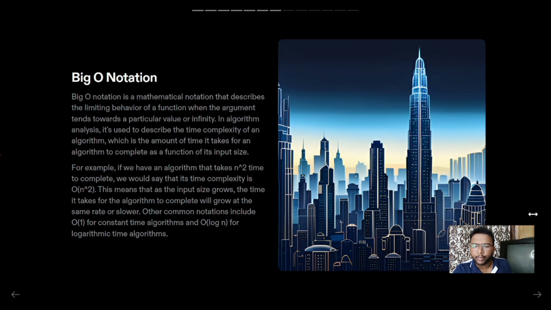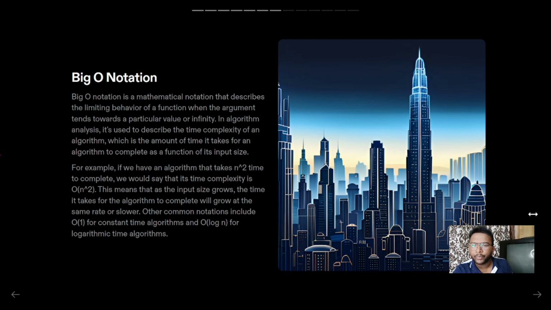Big O notation. Big O notation is a mathematical notation that describes the limiting behavior of a function when the argument tends towards a particular value or infinity. In algorithm analysis, it is used to describe the time complexity of an algorithm, which is the amount of time it takes for an algorithm to complete as a function of its input size.